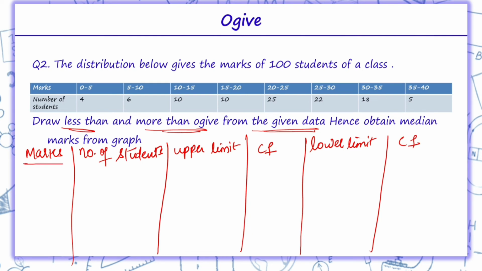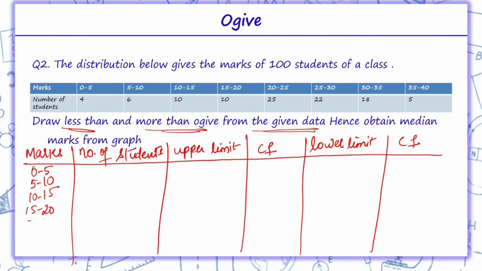So the marks are given to us, which are 0 to 5, 5 to 10, 10 to 15, 15 to 20, 20 to 25, 25 to 30, 30 to 35, 35 to 40.